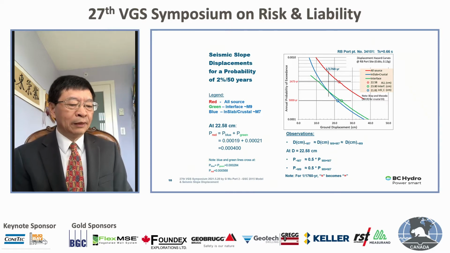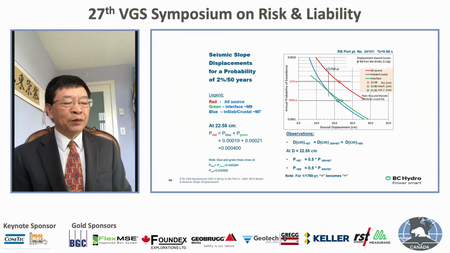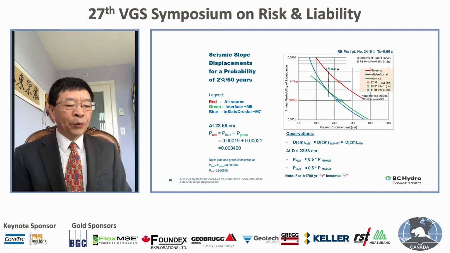By doing the same, using another equation from Bray 2017 for the interface M9 earthquake, you do the green curve, which is also in the figure. So when you apply the spectral acceleration for the 1 in 5,000 interface spectral accelerations, you get the point in the green circle.